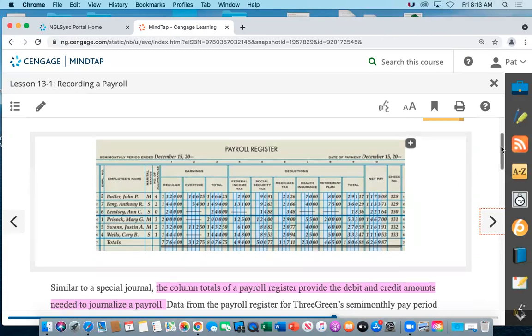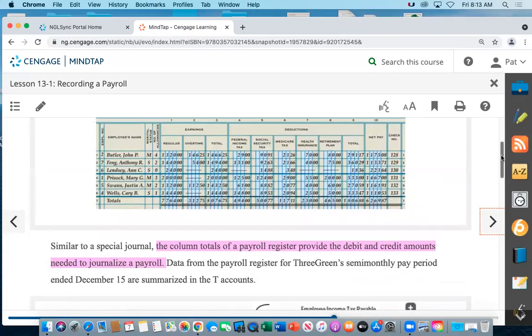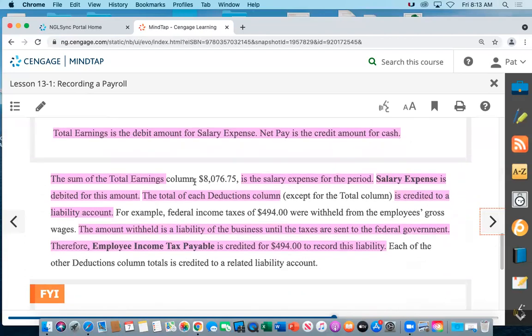You guys don't have that advantage. It's great to have digital, but just so you remember. The total of each deductions column, except for the total column, is credited to a liability account, but we don't want to do this with the federal government. Therefore, employee income tax payable is recorded for that one.